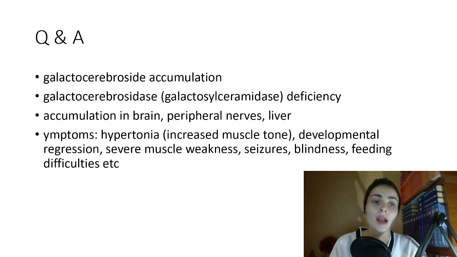In the case of Krabbe disease, we have the accumulation of galactocerebroside because of the deficiency of galactocerebrosidase. And this substance is accumulating in the brain, peripheral nerves, and liver. Symptoms are hypertonia, developmental delay, and seizures, and blindness, eyesight damage, feeding difficulties, etc. This severe muscle weakness eventually will result in paralysis.